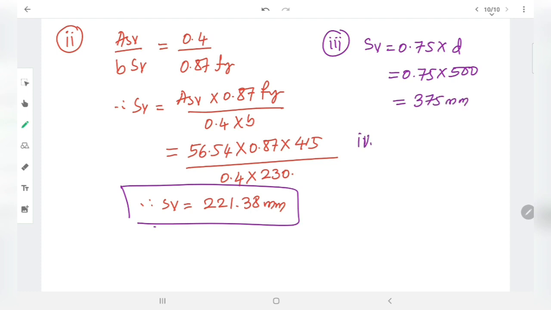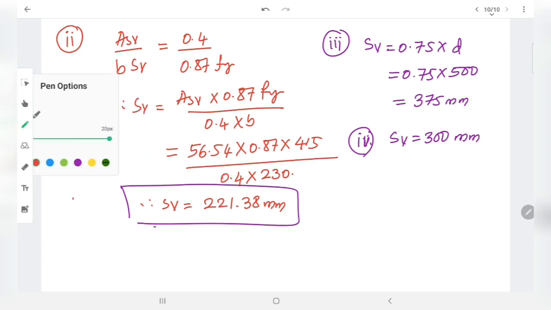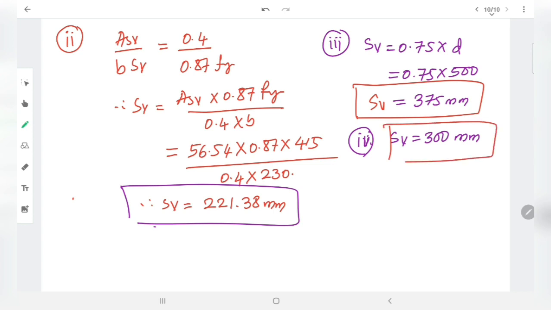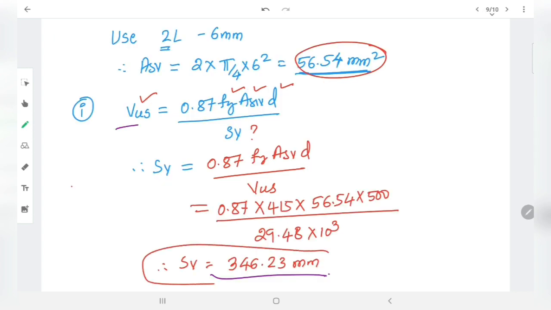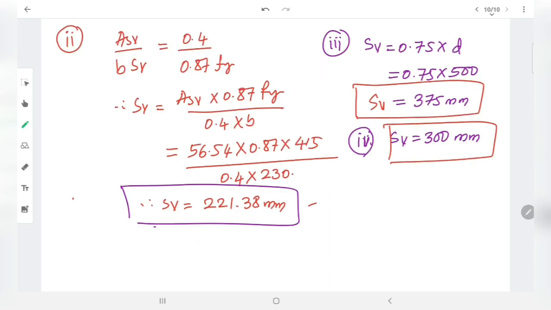And the fourth one is SV is equal to 300 mm. Among these 4 values, the least value is taken into consideration. The least value of SV is the second one, that is 221. So I will be providing the shear reinforcement accordingly.